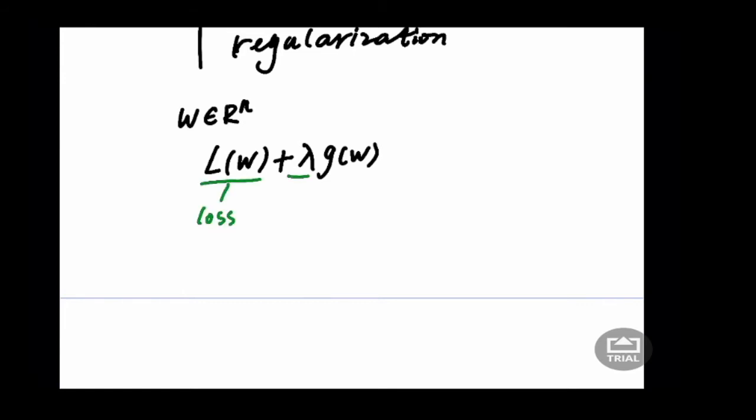Lambda here is a hyperparameter you have to tune for your specific problem. G of W here is a penalty term. G of W depends on which regularization strategy we're using. For linear regression, we have two different options, L1 and L2.